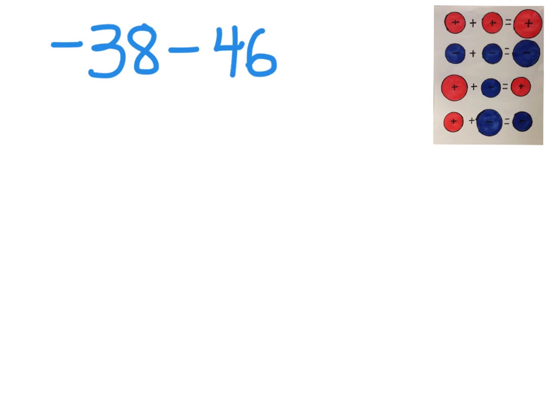Last example on your page is exactly like the one we did previously. If we do the method of keep, change, change, I should keep -38. Then I'm going to change the subtract sign to be add.